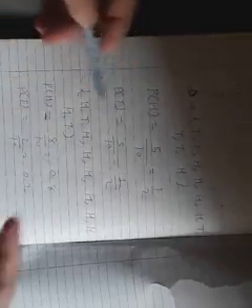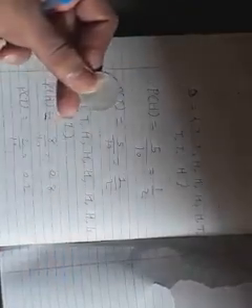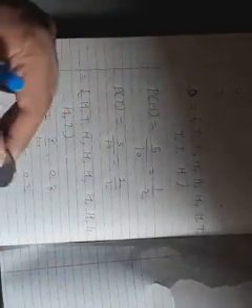But practically this is not possible for us. If I toss this coin, let's say, 1 lakh times, the probability seems to be like this, half. That is called theoretical probability. We cannot do it practically.